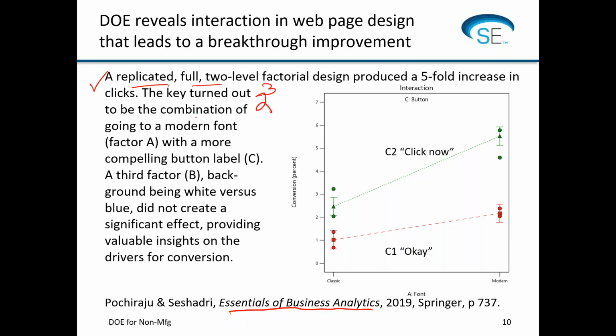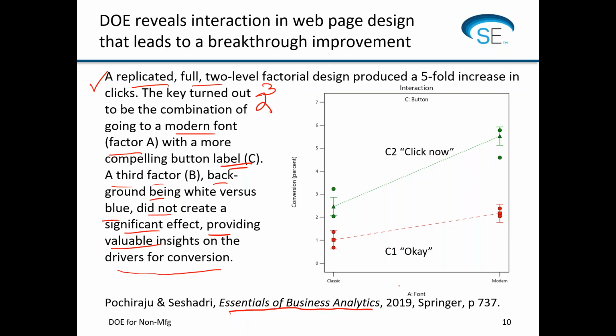When they looked at the results, they found that the key turned out to be a combination of going to a more modern font with a more compelling button. There was a 3rd factor, background being white versus blue, that did not create a significant effect, yet that provided valuable insights as well on the drivers for conversion.